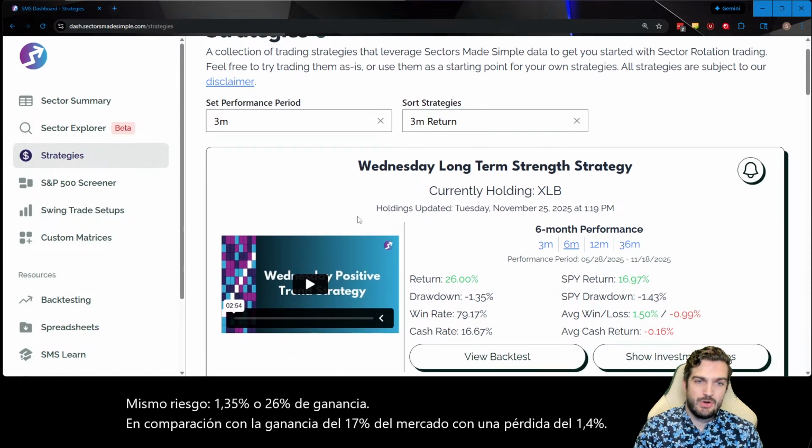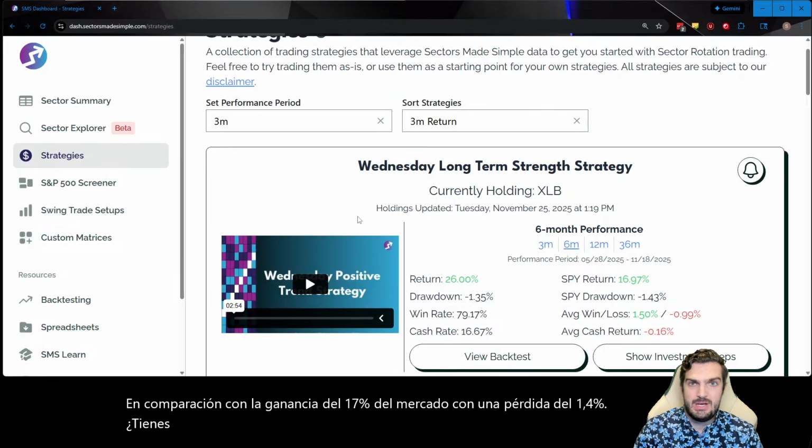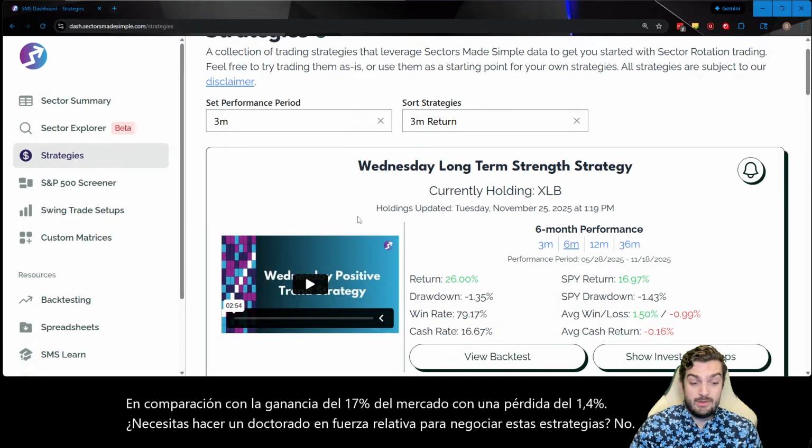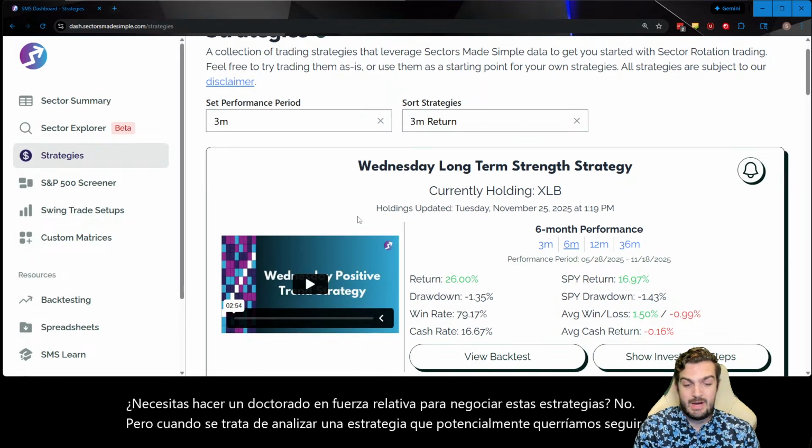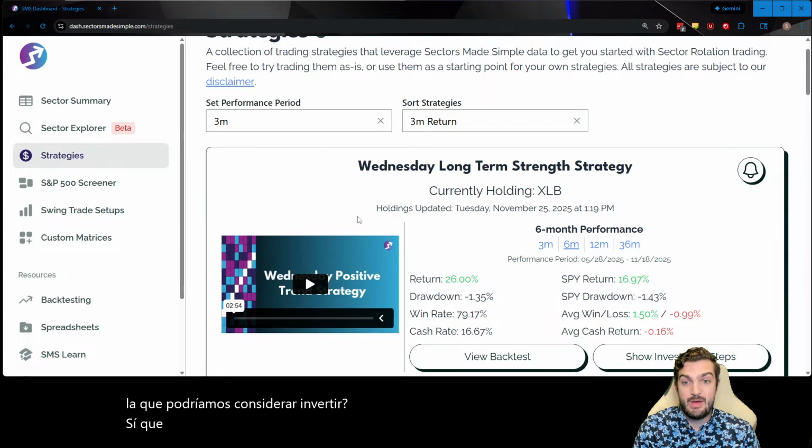Do you need to go through and get a PhD in relative strength to trade these strategies? No. But when it comes to looking at a strategy that we would potentially want to follow or consider investing in, I do feel like it's important that we understand a little bit of how that strategy is actually coming to its conclusions.